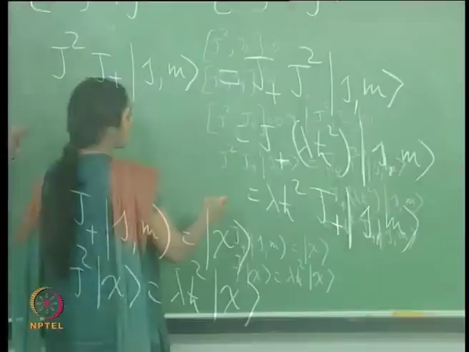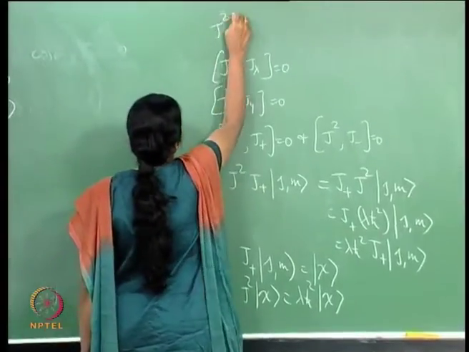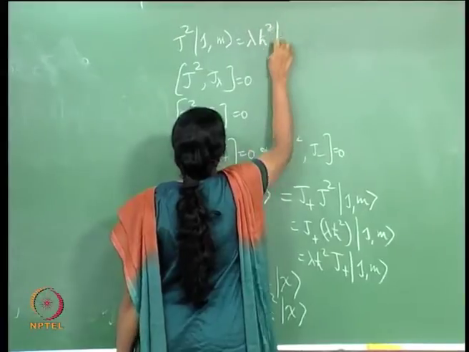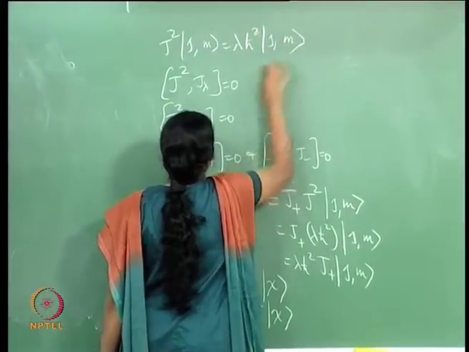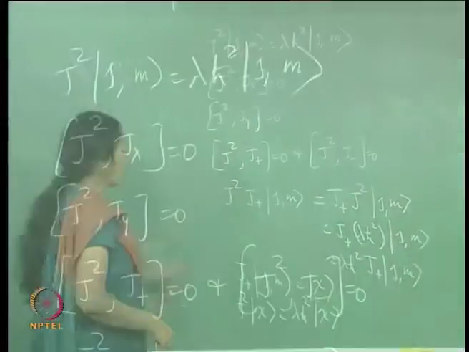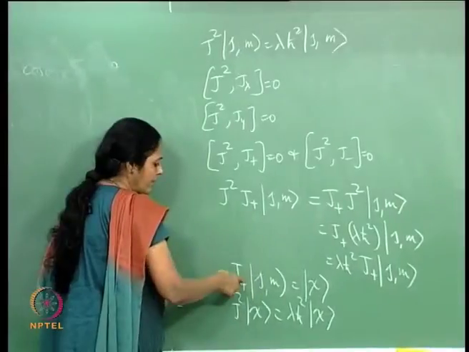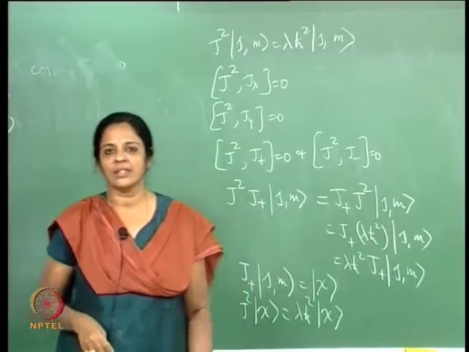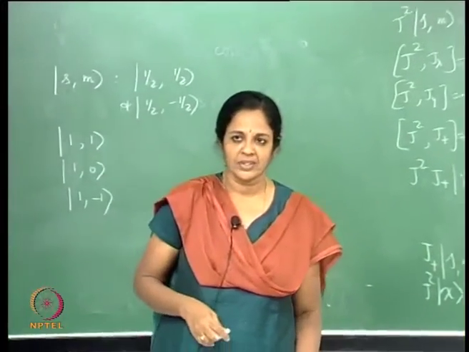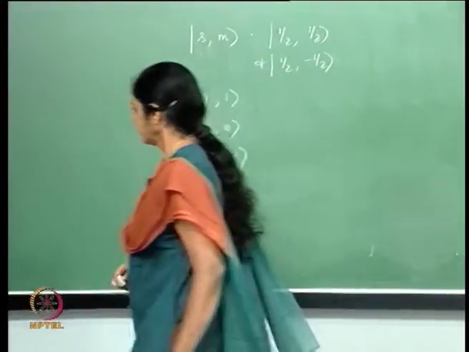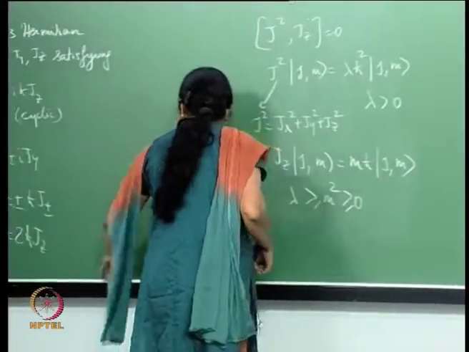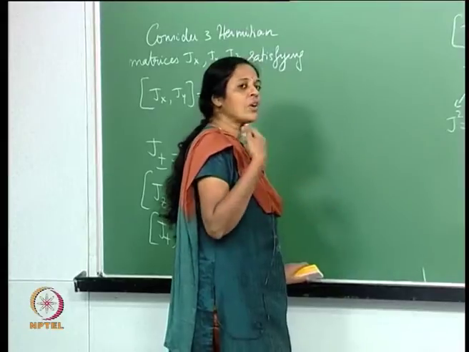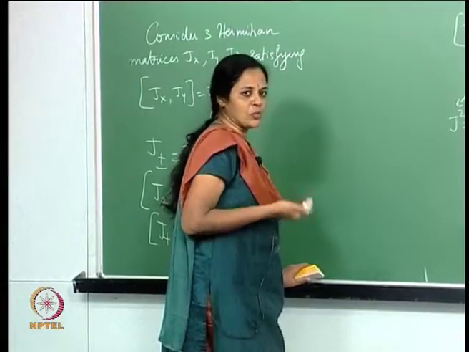Recall that J squared acting on the state |j, m> gave me eigenvalue lambda h-cross squared. Now it seems that J plus |j, m> is also an eigenstate of J squared with the same eigenvalue lambda h-cross squared. Therefore, when J plus acts on the ket |j, m>, it does not change the eigenvalue corresponding to J squared.